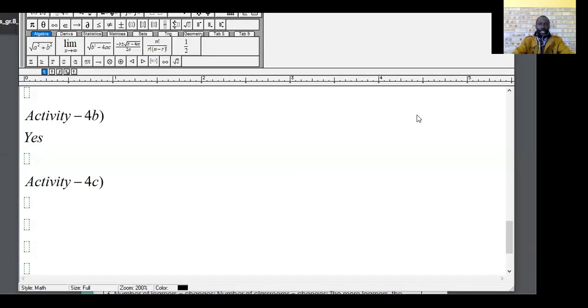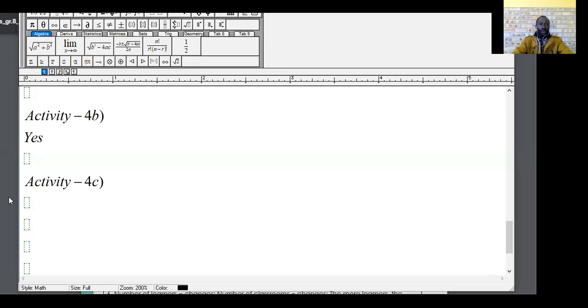Let me see if the screen is being shared, because that is what we are using. Or let me just share the screen again, because the short blackout got us problems.